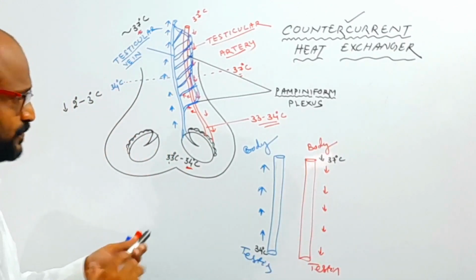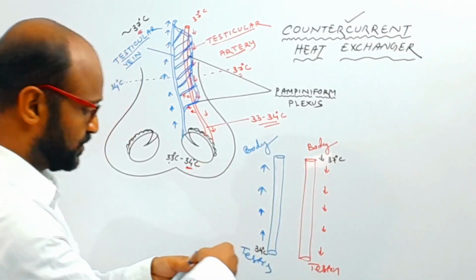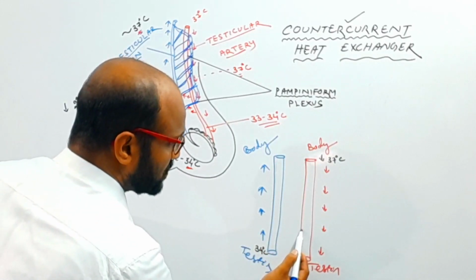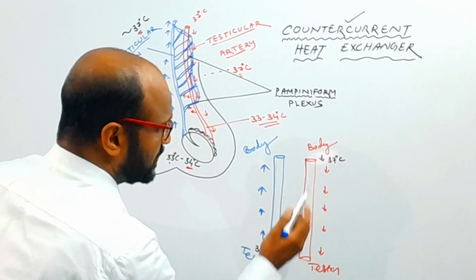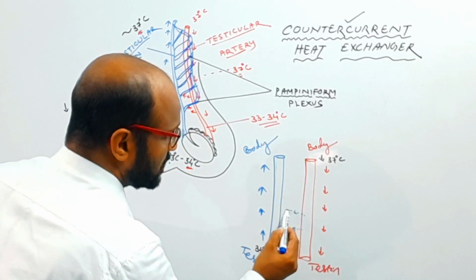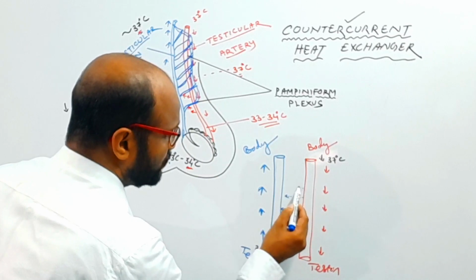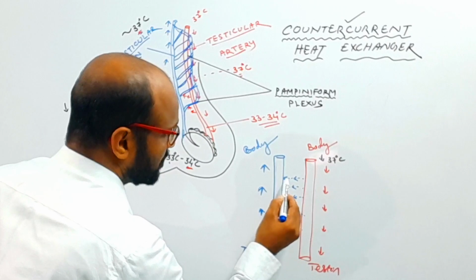While the fluid flows inside the two parallel tubes, the temperature is lost by the testicular artery, and that temperature is absorbed by the testicular vein.